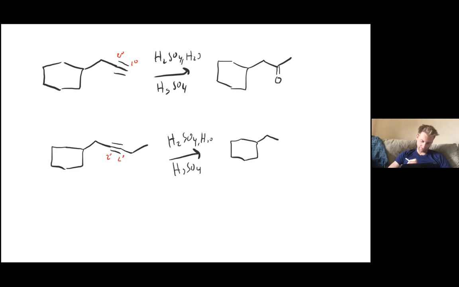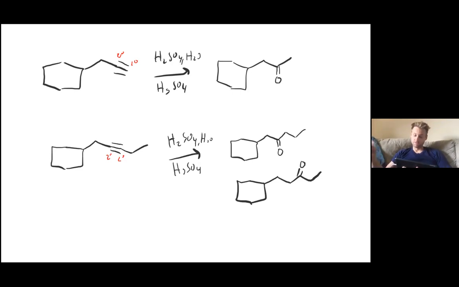So we can either have either of these 2 products. Both of these would be the correct answer for this one, because we have both secondary centers in our alkyne, there's not going to be any sort of selectivity there.